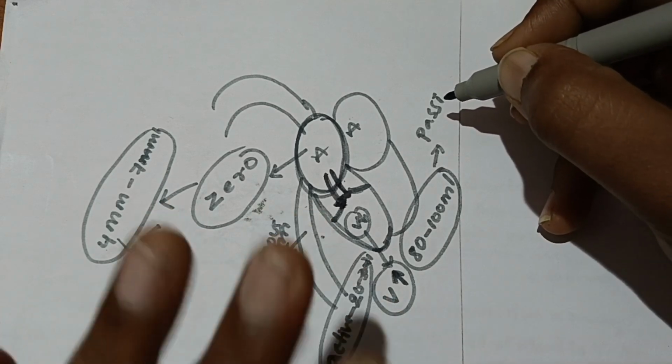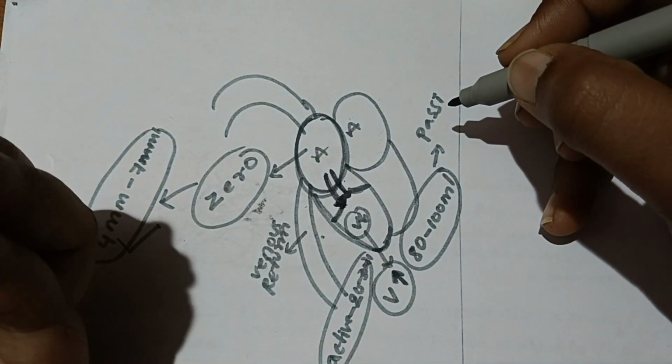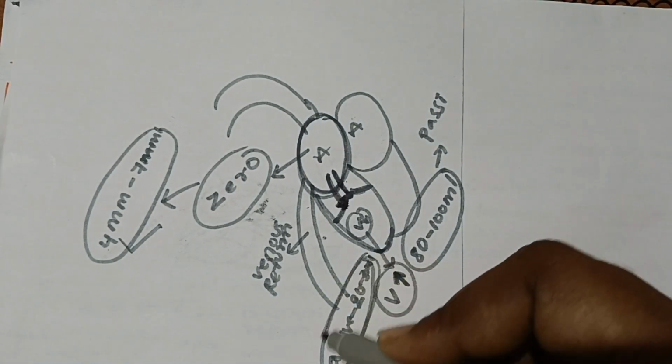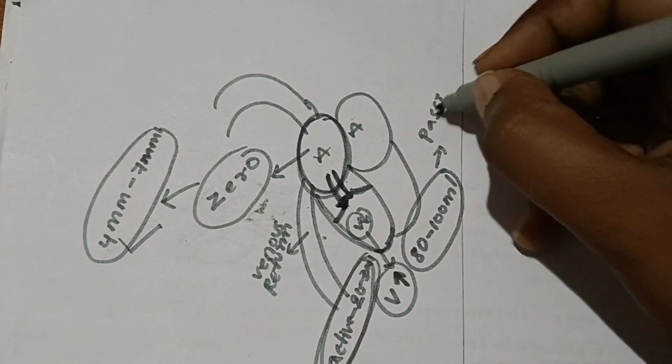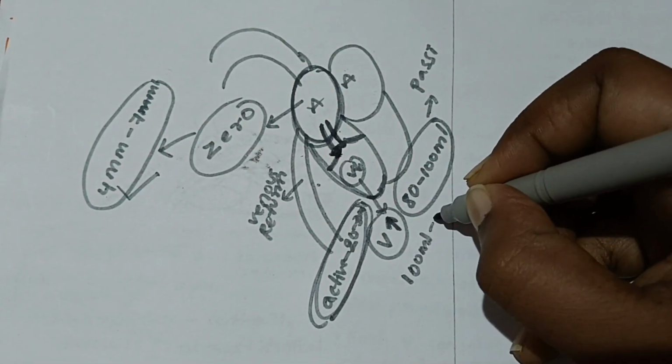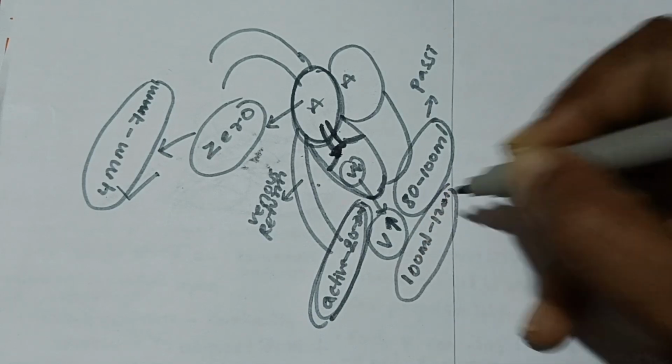But that blood is not sufficient, so we need some more blood to pump. That is by active filling, where we get 20 to 30 ml. Now we have 100 to 120 ml of blood in the ventricle.